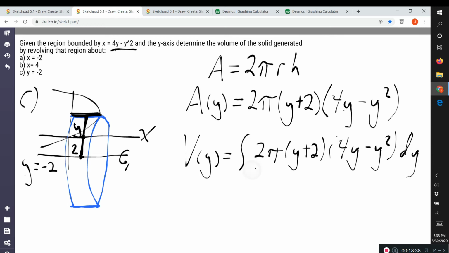Bounds would still be 0 to 4, as we're still going from the point right here to the point right here, and that is the variable we're working in, is y. And so given that, we get an approximate volume of 268.083 units cubed.